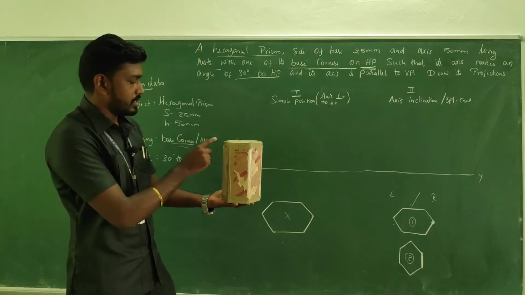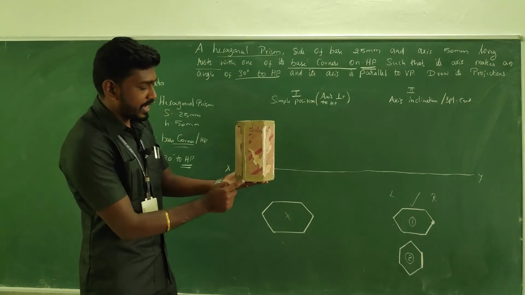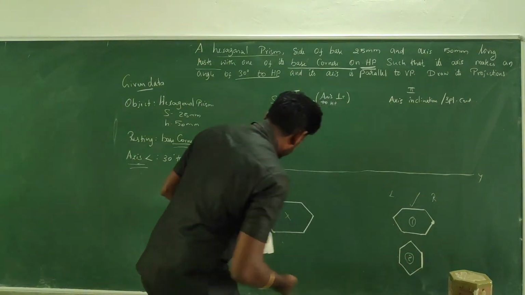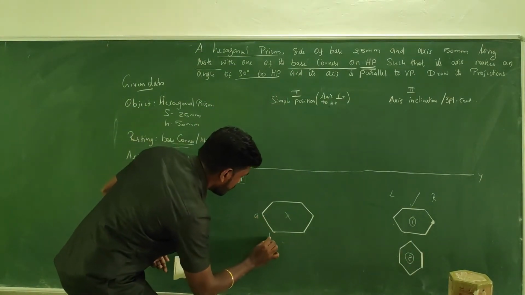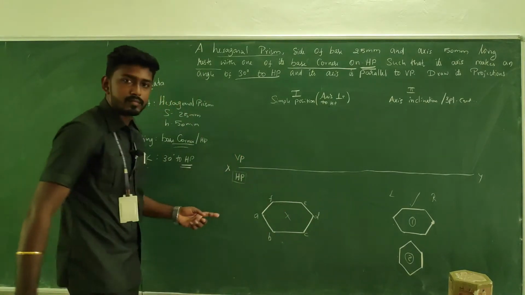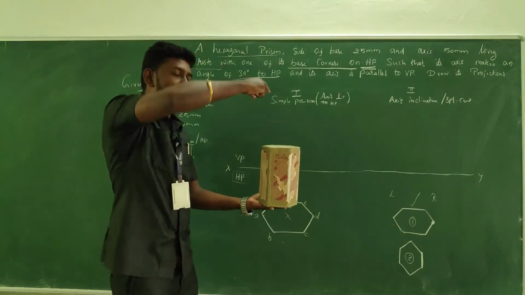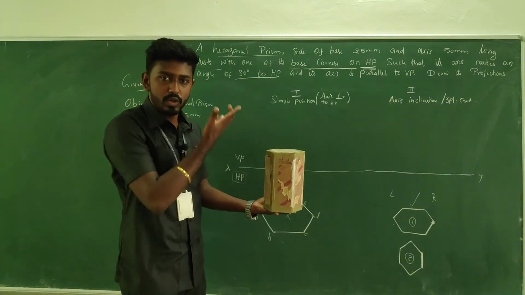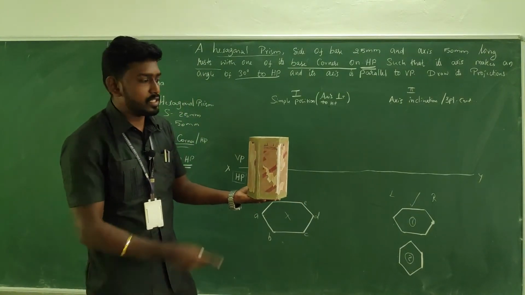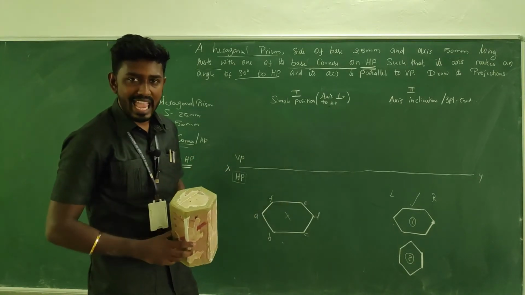I'm going to give the names. This is A, B, C, D, E, F, and the bottom base P, Q, R, S, T, and U. What about the bottom base? When you are looking from the top orthogonally to the object, the bottom base will be invisible, right? It will be just lying behind the top base, so it will be invisible.